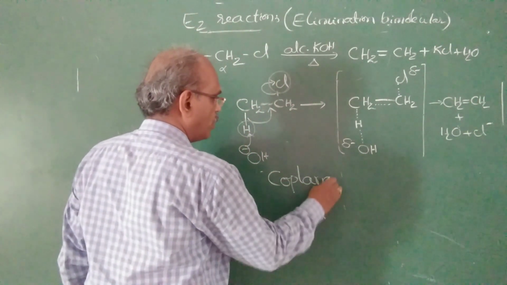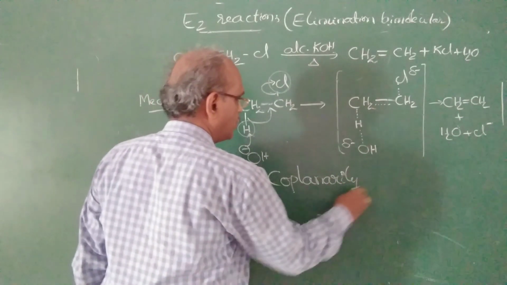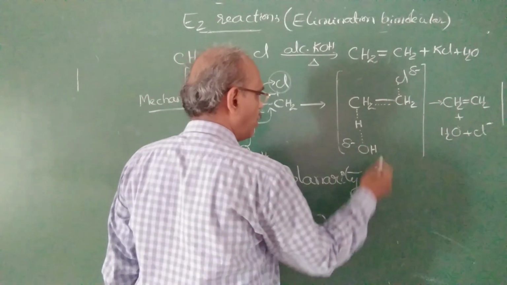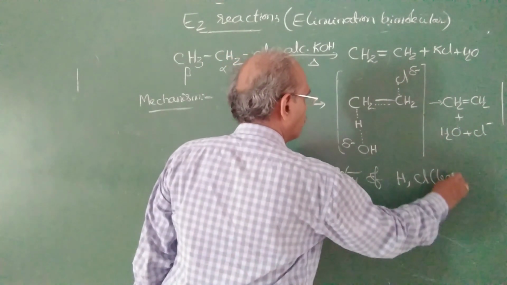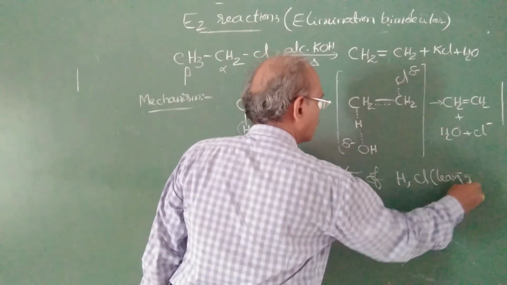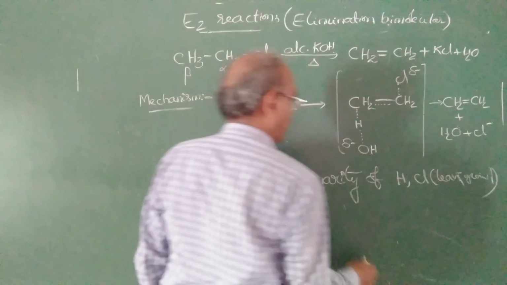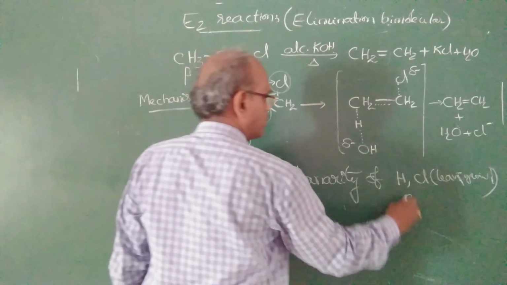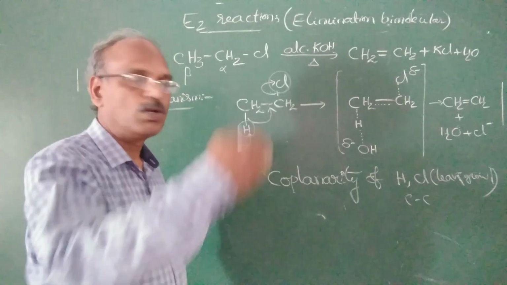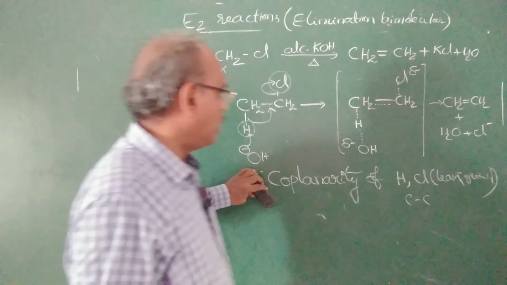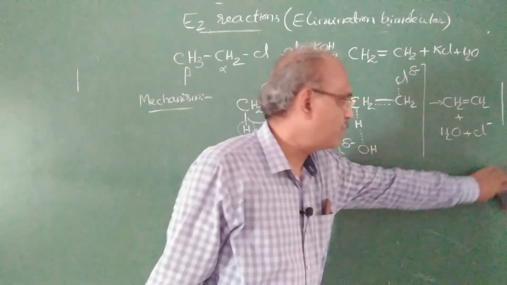For an E2 reaction, the necessary condition is coplanarity of hydrogen and Cl, both leaving groups, and the carbon atoms. They must be in the same plane, coplanar. Otherwise, elimination is not possible.